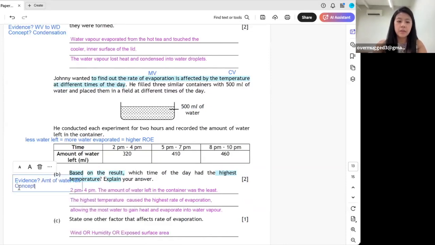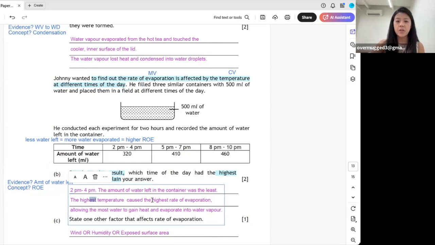Our concept is rate of evaporation, the factors that affect rate of evaporation. I'm going to write it in short form. The amount of water left in the container was the least. The highest temperature caused the highest rate of evaporation, allowing the most water to gain heat and evaporate into water vapor. Did you notice that there are 3 setups here? So we are using superlatives like highest, most, to explain our answer.